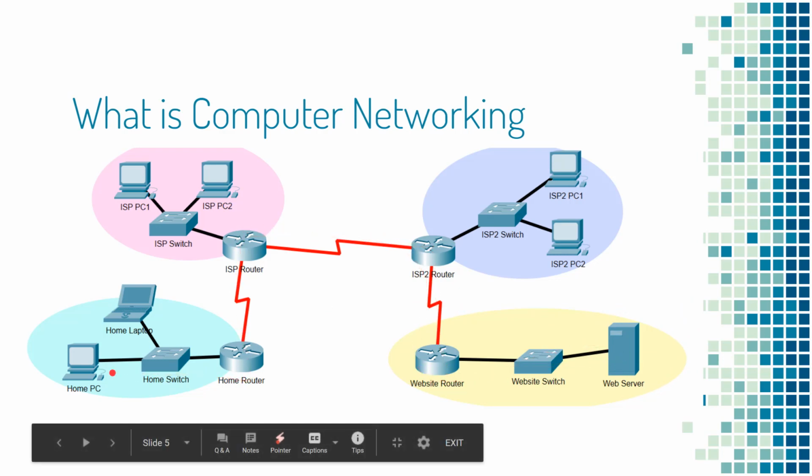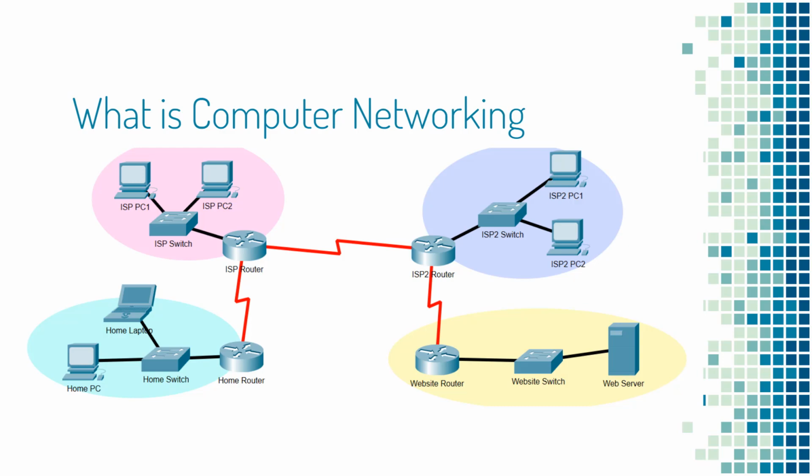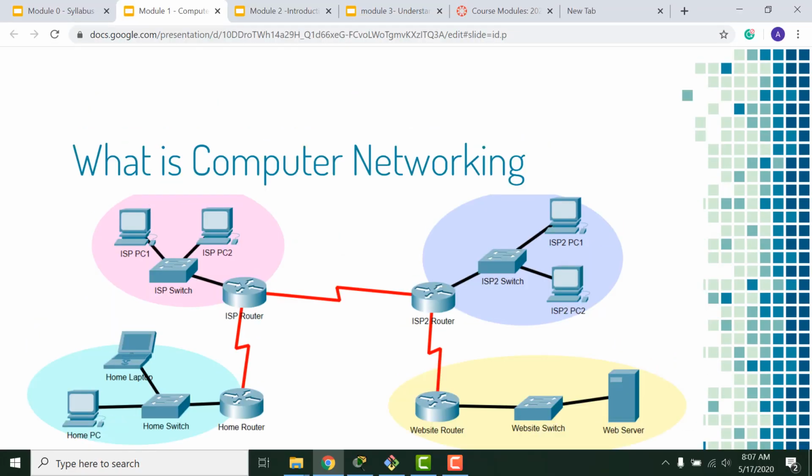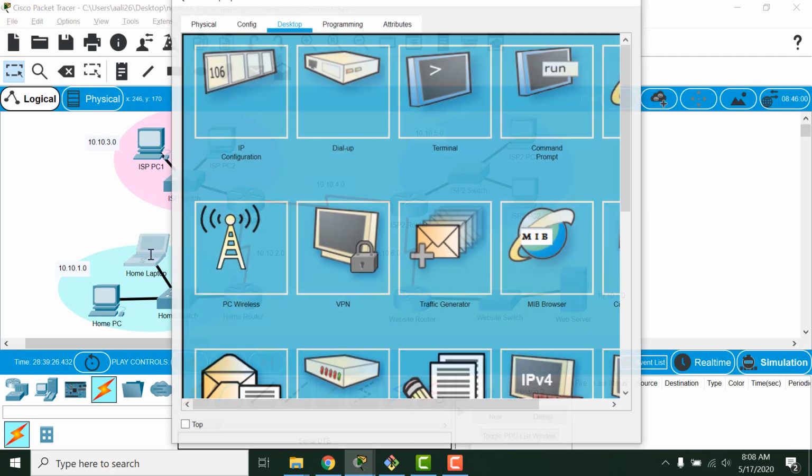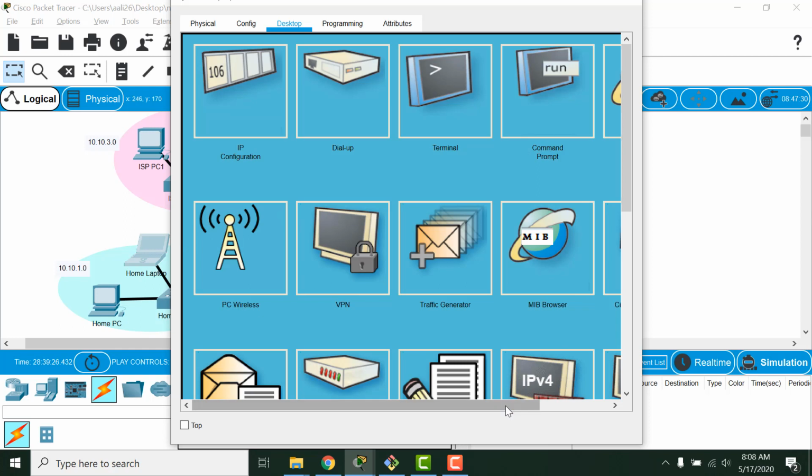Then it's going to come back. It might come back to you using the same path, or it might take a different path. So here I have a simulation for you to see in action how your data goes when you type something on your laptop and how it reaches its destination. Let me make sure we are on the simulation.